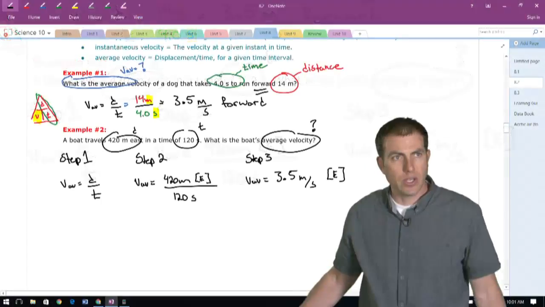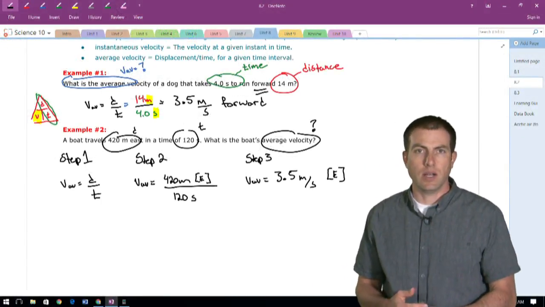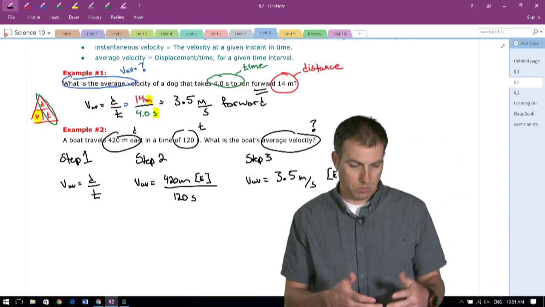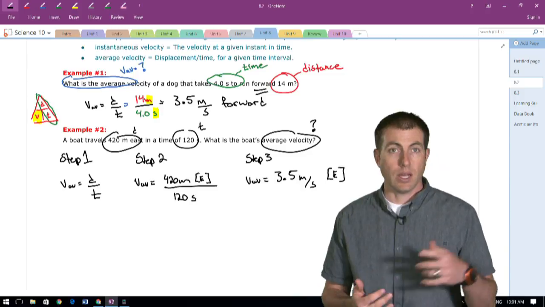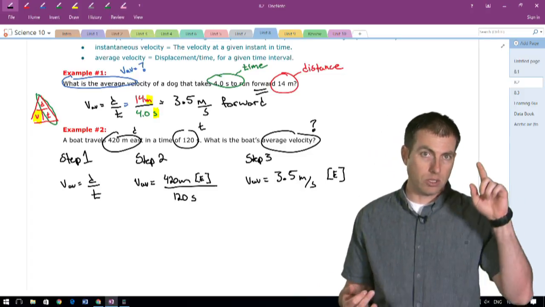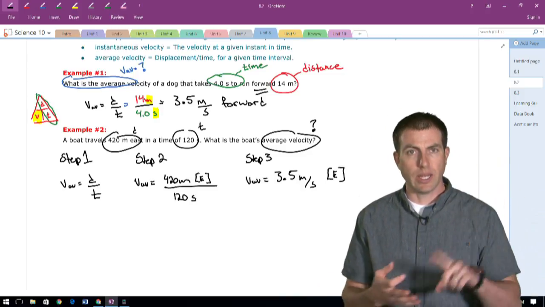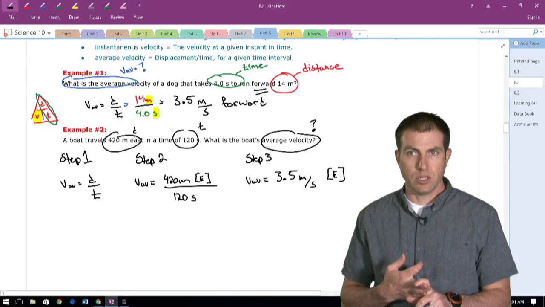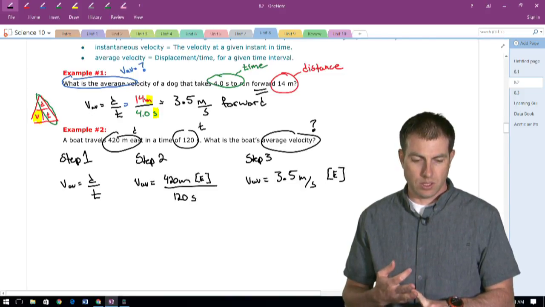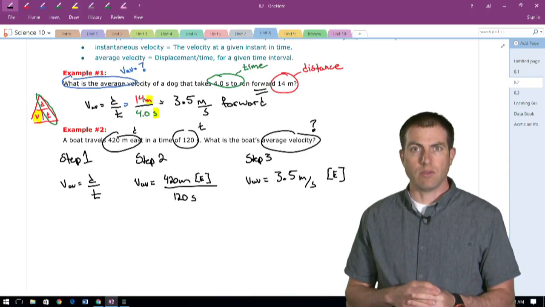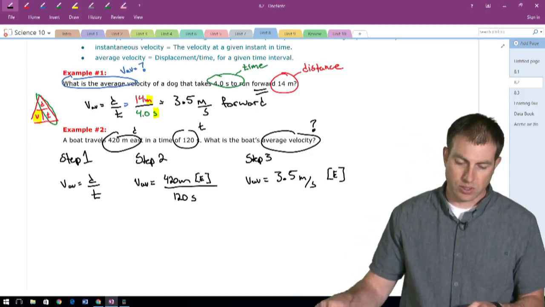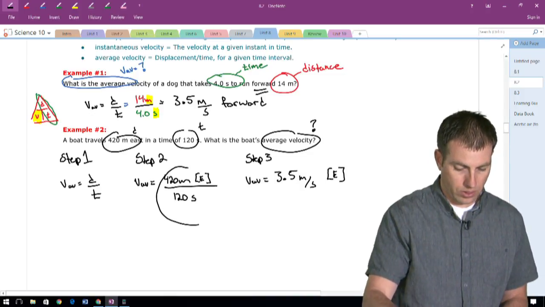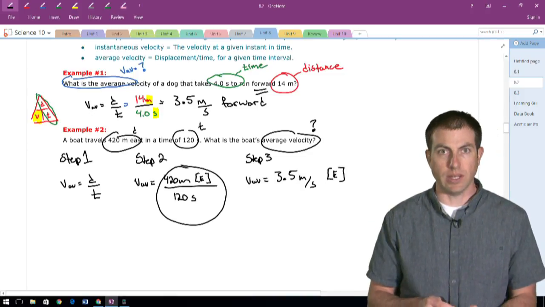So there you go. Generally speaking, a physics question like this in both Science 10 and Physics 11 is going to be worth about 3 marks. 1 mark for each of the steps: equation, substitution, and then your evaluation of the answer. So you should have these 3 things in each question. I don't want to just see 420 divided by 120, done.